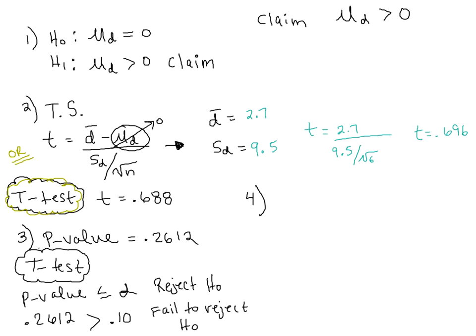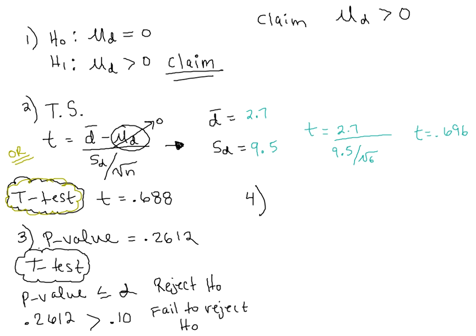All right, so the first question it asks is, does the original claim contain the condition of equality? Well, I don't remember. Let's go back and see. Did our claim contain equality? No, it did not. Our claim was greater than 0, because they were talking about how the program was effective in helping people lose weight, and when the difference was 0, that's when people were not losing weight.